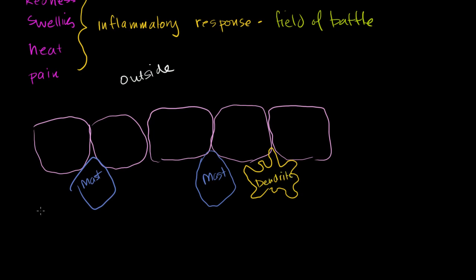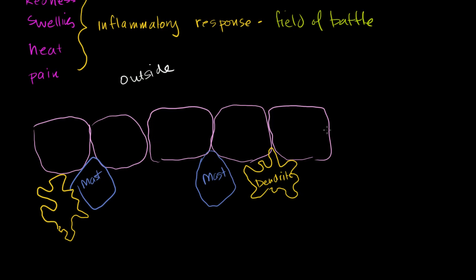Maybe I'll do one more dendritic cell right here. And they're called dendritic cells, they have no relation to the nervous system. They just look like they have dendrites on them, and that's why they call them dendritic. But they're really phagocytes, and they tend to be near external interfaces, and they phagocytose particles, and they're good at presenting them to helper T cells so that they can get activated and ring the alarm bell, so to speak.